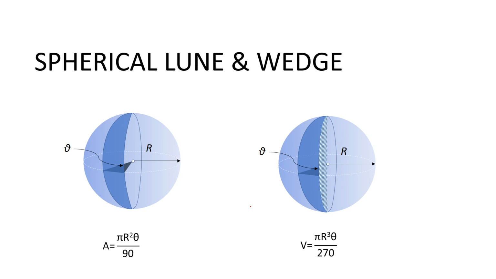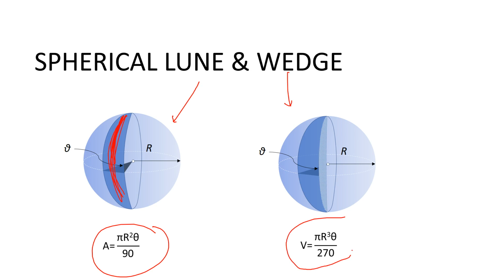Then, class, you have the spherical lune and spherical wedge. When we speak of spherical lune, the formula gives area. That's the side part only. When we speak of wedge, the formula gives volume. So the red part is peeled off. Like a watermelon, only the red flesh part.